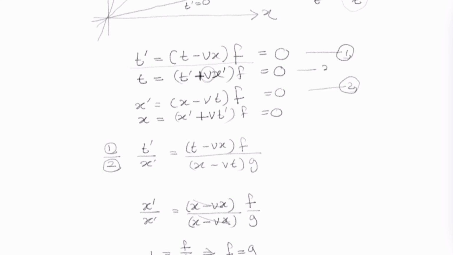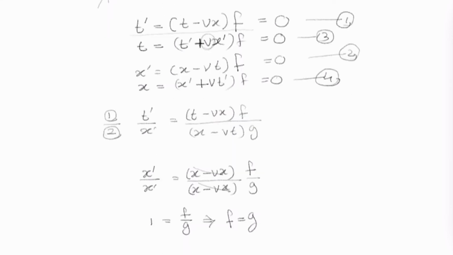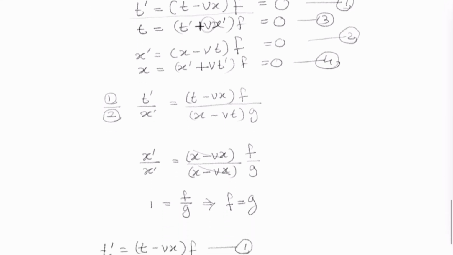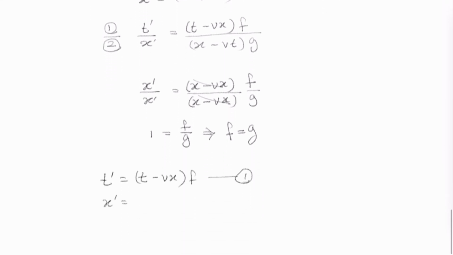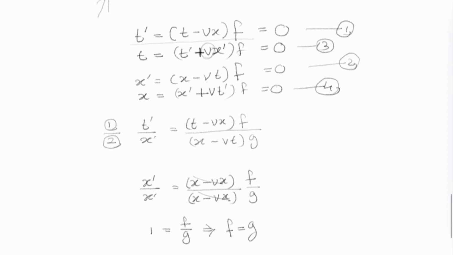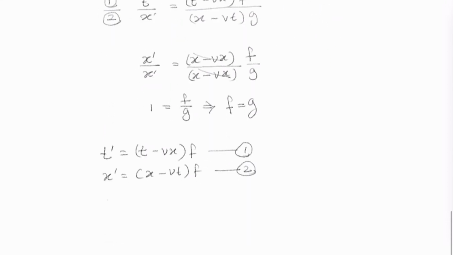This is sufficient to calculate the factor f. Let's substitute x bar and t bar from equations 1 and 2 into equation 3. t bar equals t minus Vx times f, equation 1, and x bar equals x minus Vt times f, equation 2. So t equals t bar plus Vx bar, times f.